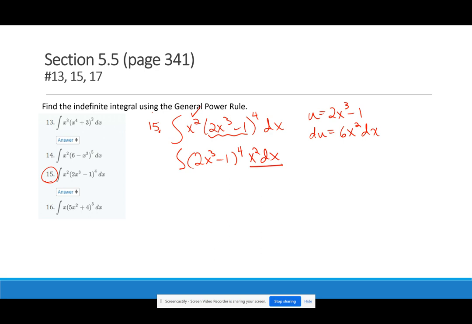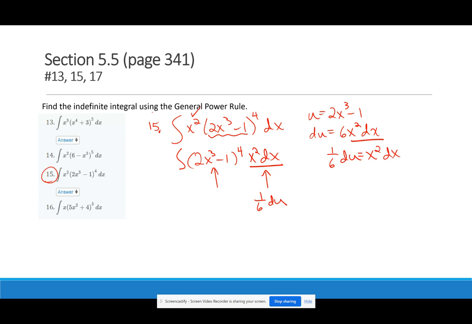So you see the x squared dx right next to one another. I don't see the 6 over on the left-hand side in the integration problem. So let me multiply by 1/6 to move that out of the way. So I wind up with 1/6 du equaling x squared dx. So that means in place of that, x squared dx, I can put 1/6 du.